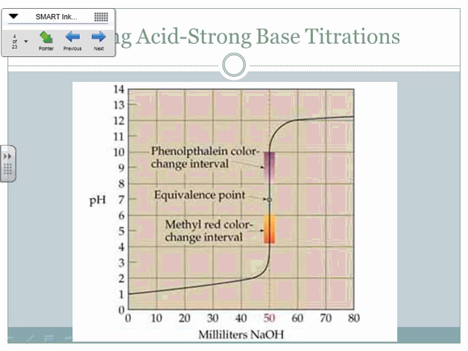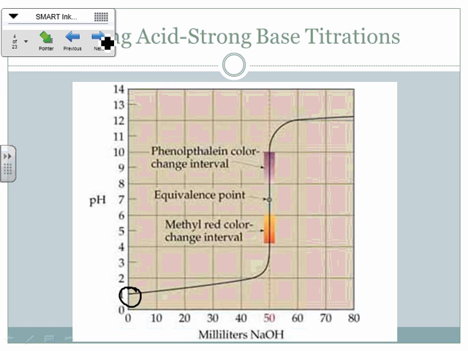So this is a typical titration, the strong acid, strong base titration. You have a place on your notes where you can write this graph down. You don't have to write down all the details here. The main thing I want you to get is the shape of the graph, and I want you to notice a couple of things. First of all, the beginning pH is very low. With a strong acid, the beginning pH is going to be very low.